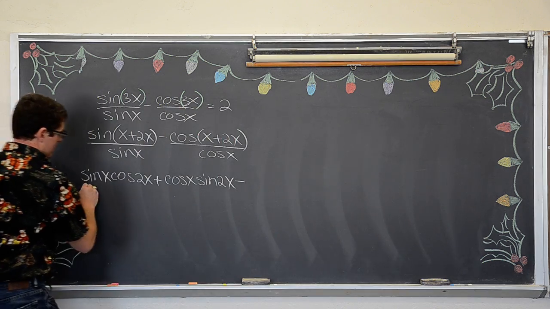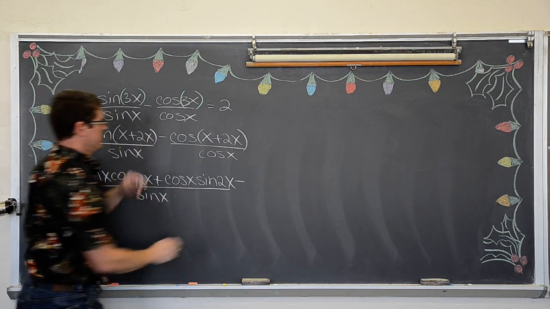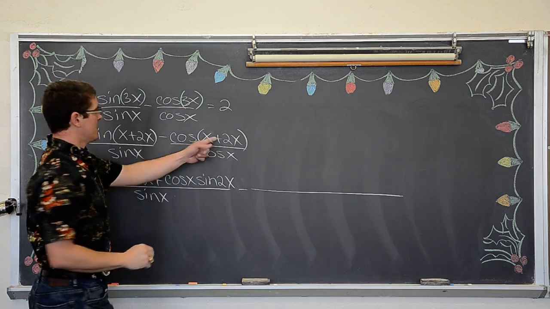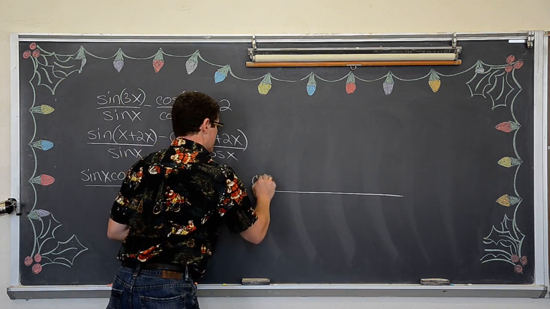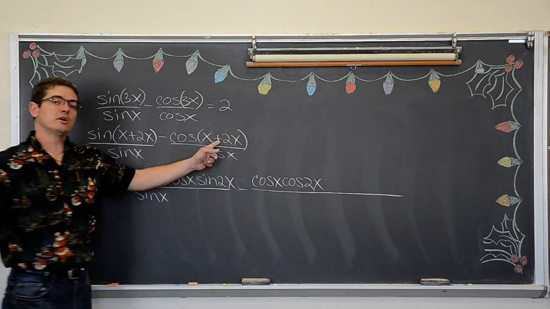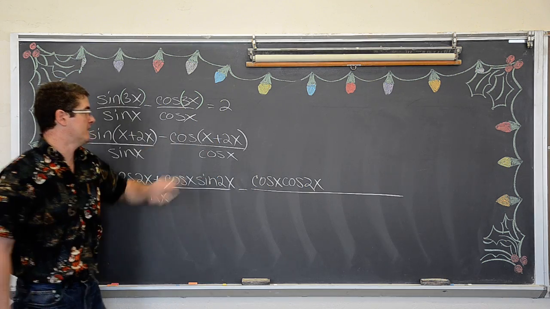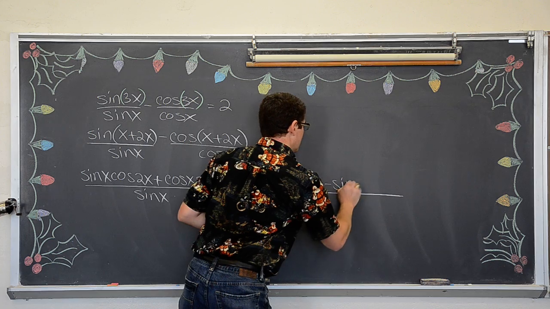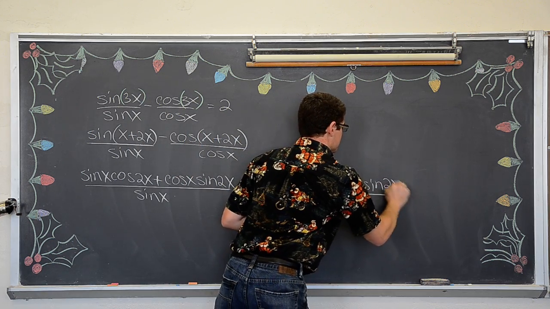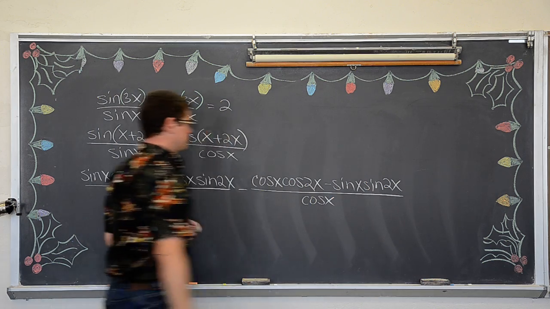So all of that is over the sine of x, and then minus, apply this one, cosine x, cosine 2x. Don't forget with your cosine functions, your sum and difference identities, to change that middle sign. So it's going to be minus sine of x, sine of 2x over cosine of x.